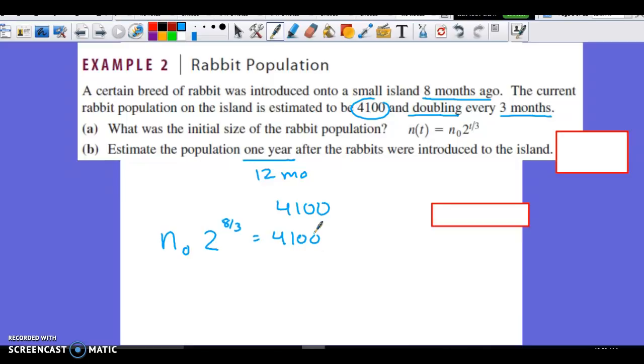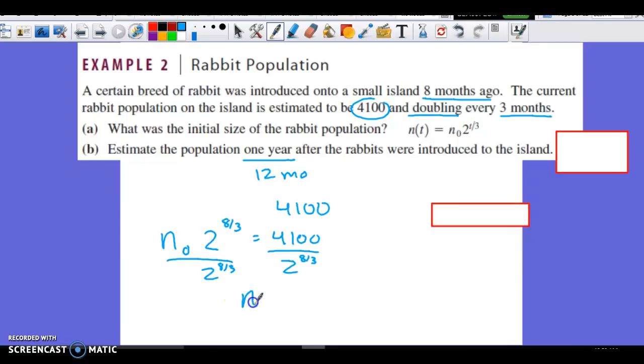Okay, so what I need to do is divide 4,100 by 2 to the 8/3. You can just do this all on your calculator.